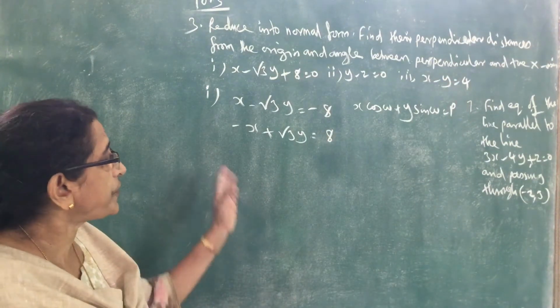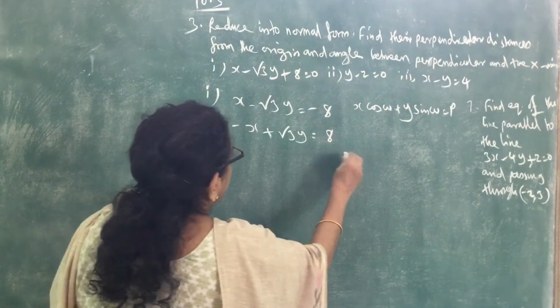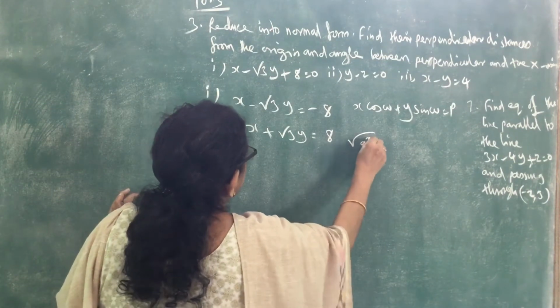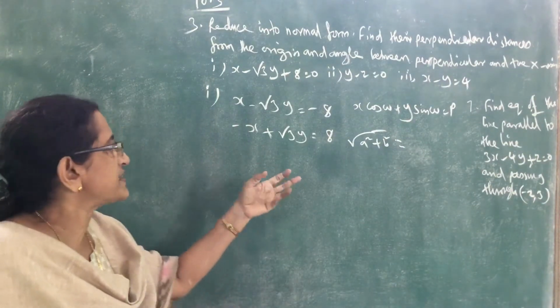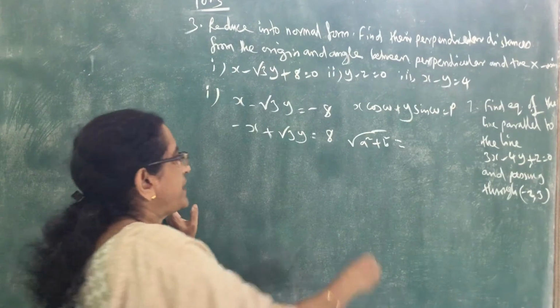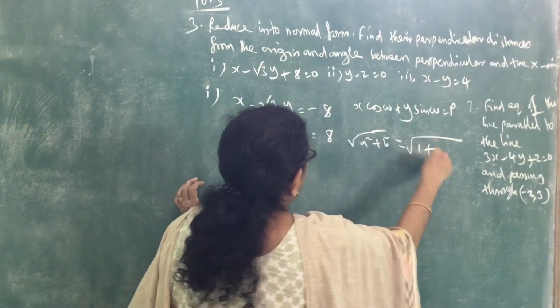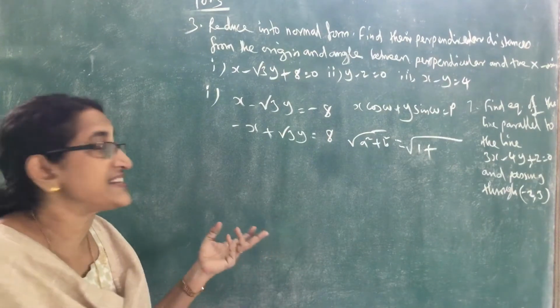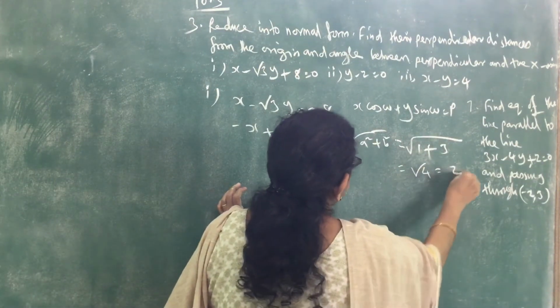After that, we have to divide by the number root of a square plus b square. So find the root of the coefficient of x squared plus the coefficient of y squared, that is root of negative 1 squared, that is 1, plus root 3 squared, that is 3. That is root of 4, which equals 2.